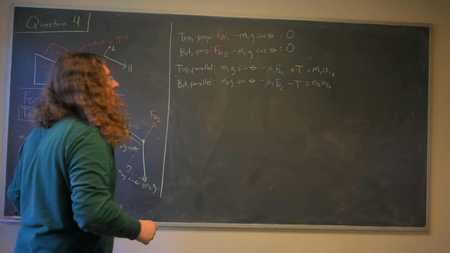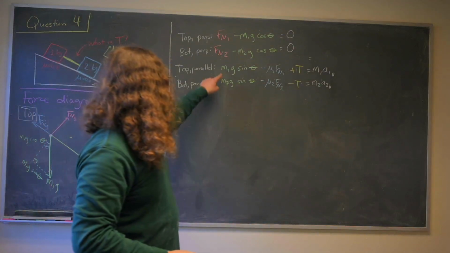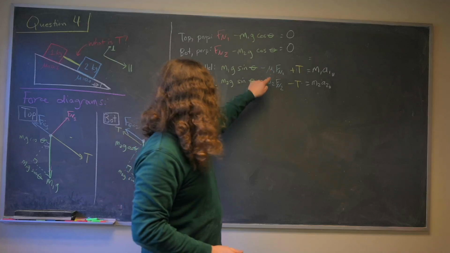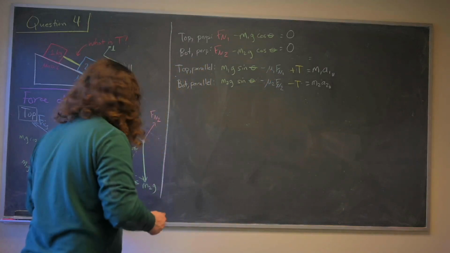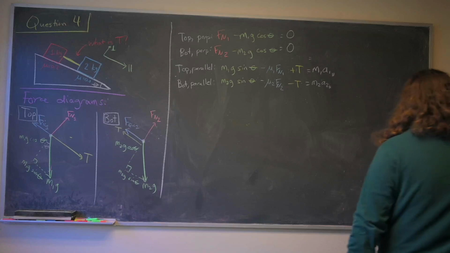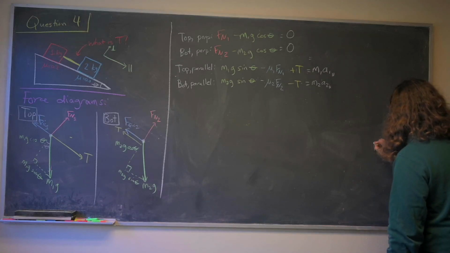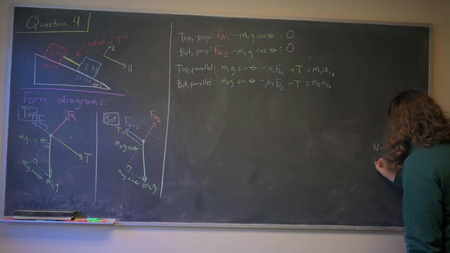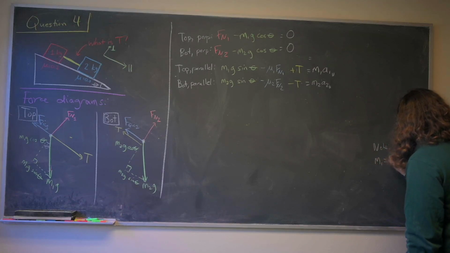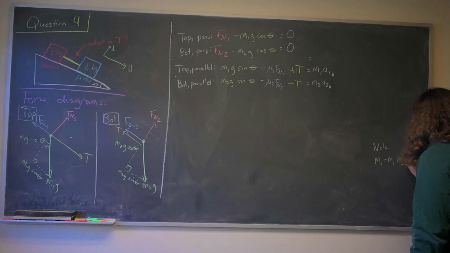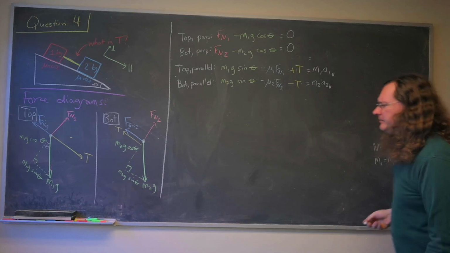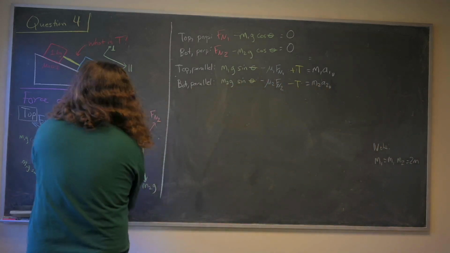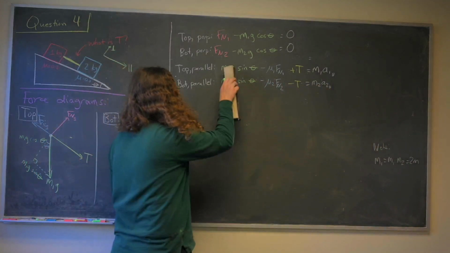Now, I also see a relationship between m1 and m2 and mu1 and mu2. I'm going to put this down in this corner. So, note, I'm going to call m1 equals m, m2 equals 2m. So now let me make that substitution again with my eraser.